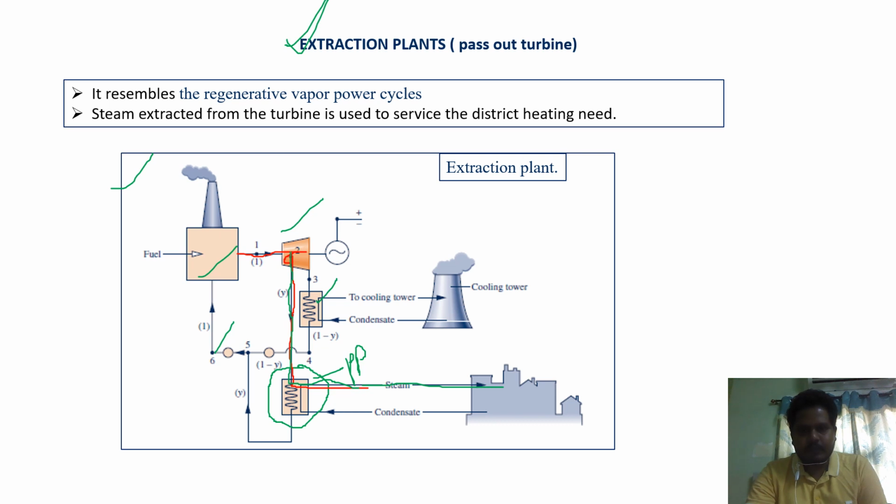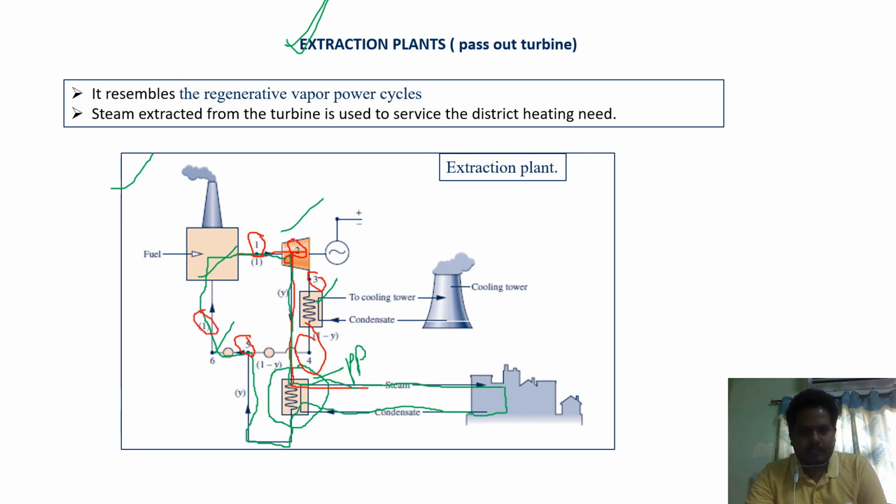Once this energy is utilized, the condensate will be sent to the pump. From the pump it will be sent to the boiler. From the boiler it will be sent to the turbine. It is a cyclic process. Here, moreover, the advantage is in the processes 1 to 2, 2 to 3, 3 to 4, 4 to 5 and 5 to 1, 1 to 2 again.